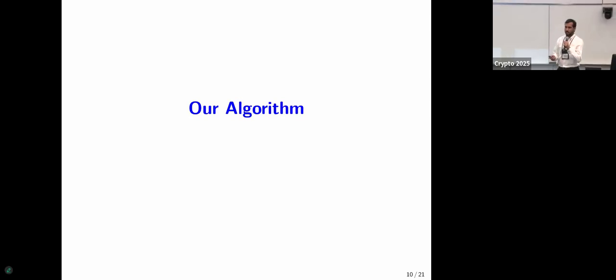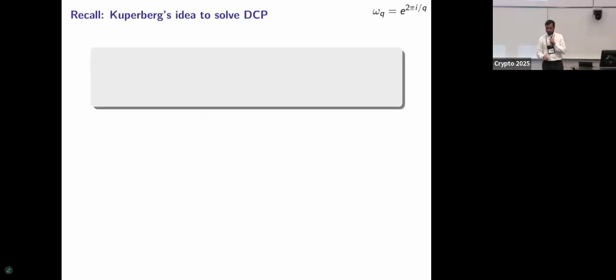Thank you, Tran. Before looking at our main algorithm, I will quickly give an overview of Kuperberg's algorithm and how it works, because we replicate the Kuperberg algorithm for the case of EDCP. Kuperberg's algorithm works for the dihedral coset problem. Suppose we are given a quantum state of this form. First we do the quantum Fourier transformation on the second register, and we measure it.